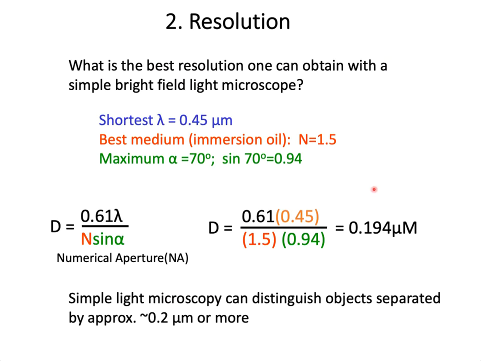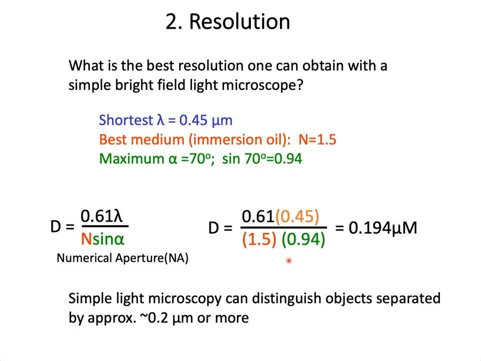So what is the best resolution you can obtain from a simple bright field microscope? The best maximum angular aperture you can get today is about 70 degrees. As previously mentioned, the shortest wavelength of light is 0.45 microns, and the best medium is immersion oil with a refractive index of 1.5.